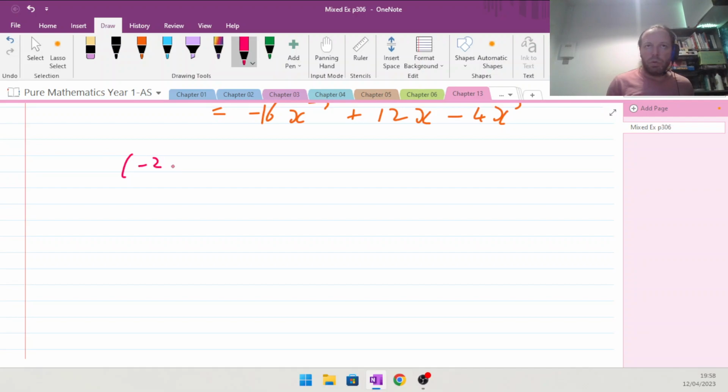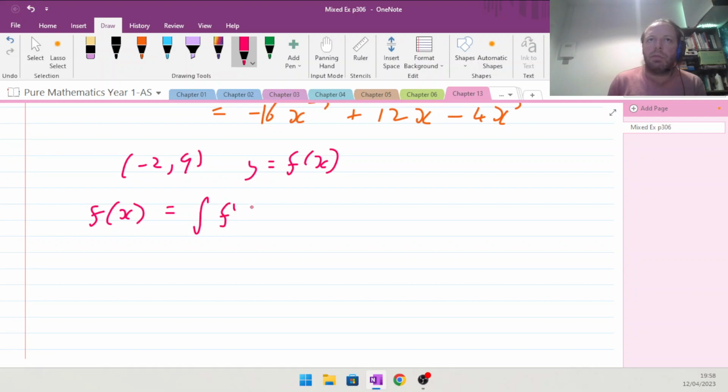Minus 2, 9, lies on the curve y equals f of x. Find f of x. So f of x will equal the integral of f dash of x.